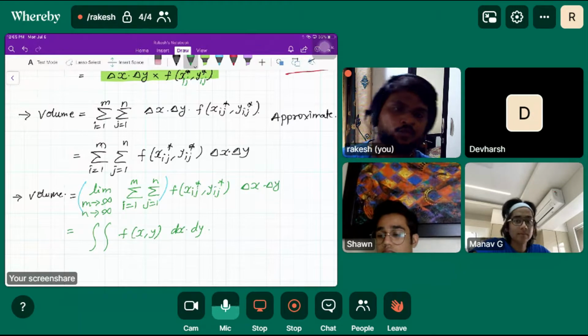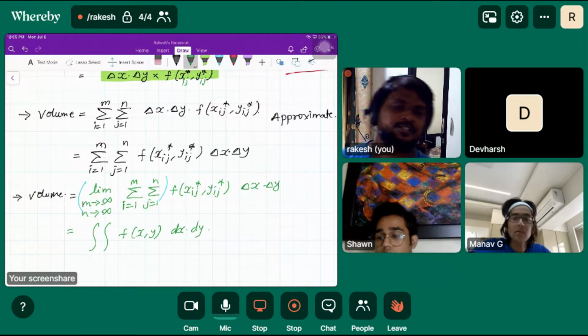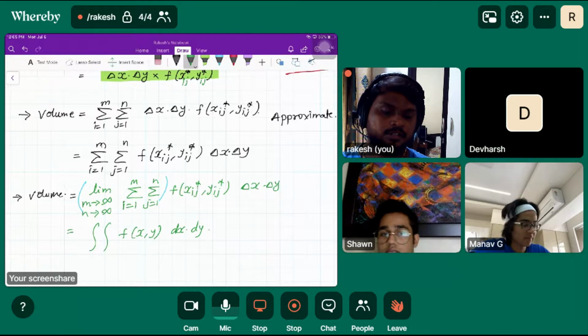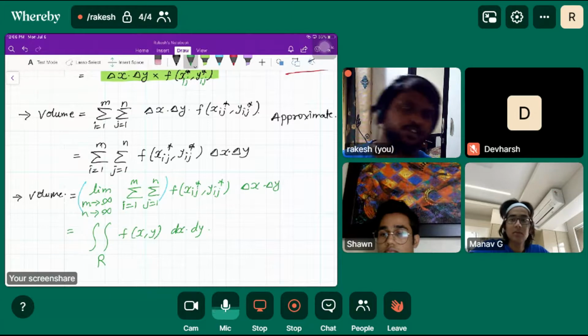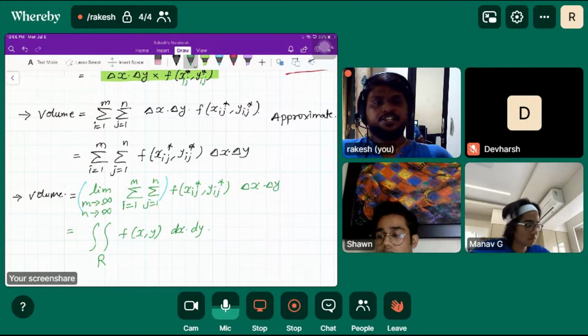But how do we show the boundary condition here? That boundary is basically your region. So we write R that shows the boundary condition. Okay, so this is the double integration.